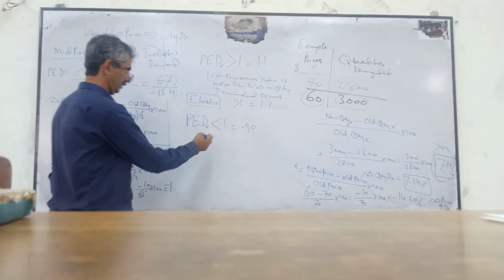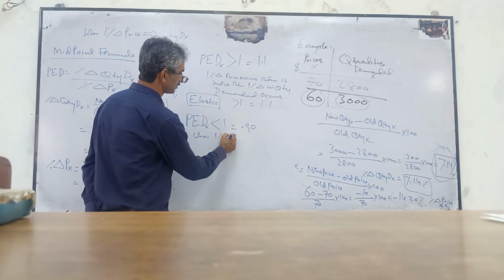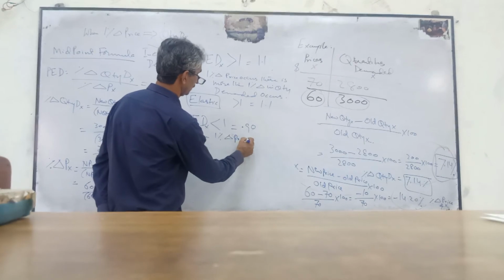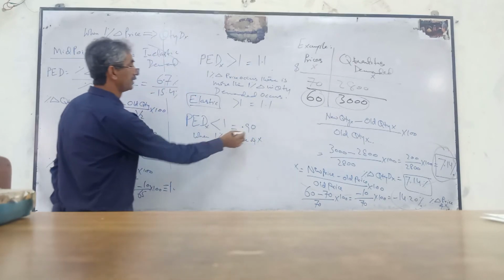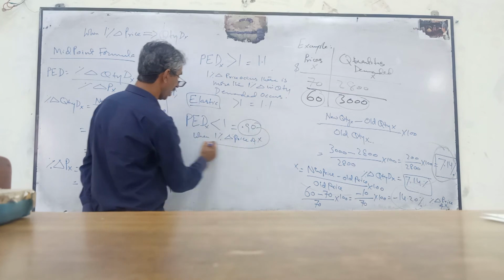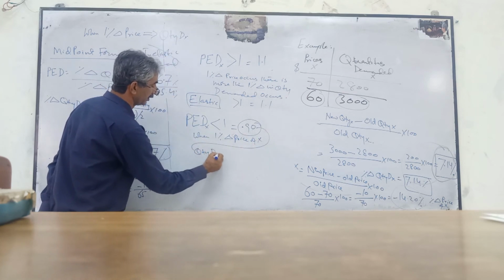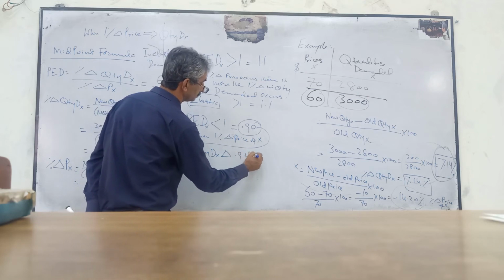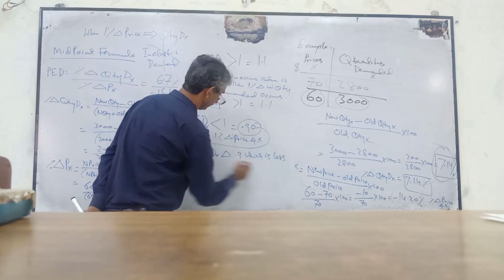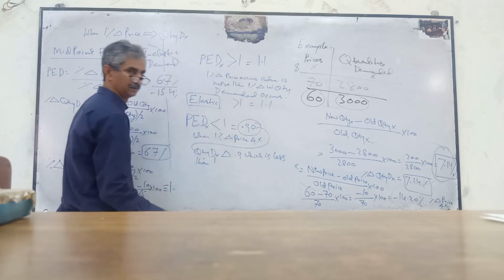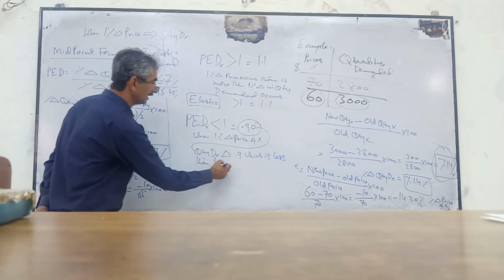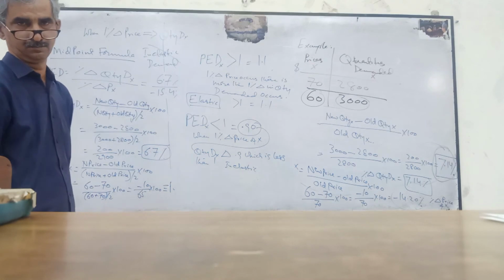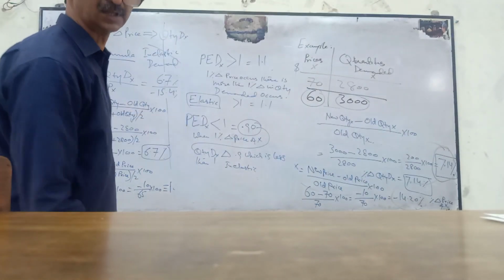It means when a 1% change in the price of X occurs, the quantity demanded of X changes by 0.9, which is less than 1. So we say this is inelastic. Hopefully you are understanding what I am discussing.